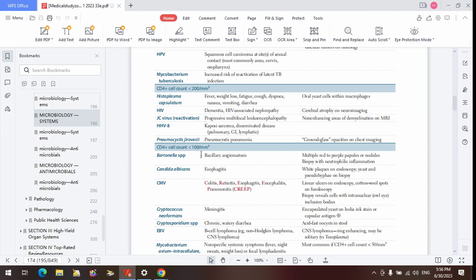So we've said our bullet-shaped virus. Which one is that? Bullet is rabies. What is the body in rabies? Negri bodies. Where is it located? Purkinje cells of the cerebellum. You are doing very fine.